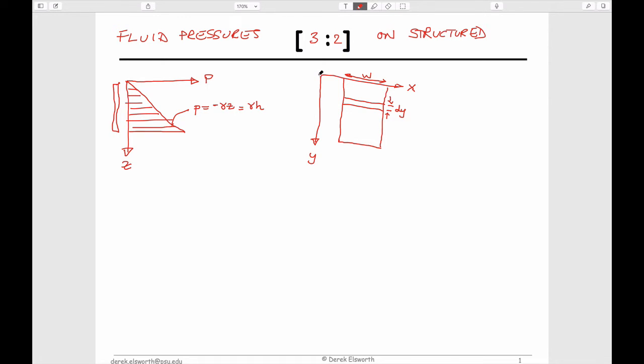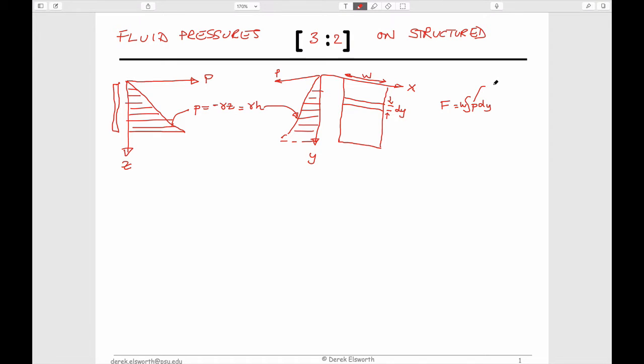and if I draw over here a perspective of exactly what the pressure would do as you go down, then it would have this distribution of pressure down to the base of this plate. And this would be the same as what we have here. And so what we can do is calculate the force that would be acting on this plate, and it's going to be equal to the integral of pressure times dy times w.